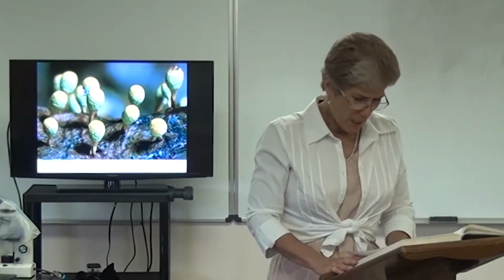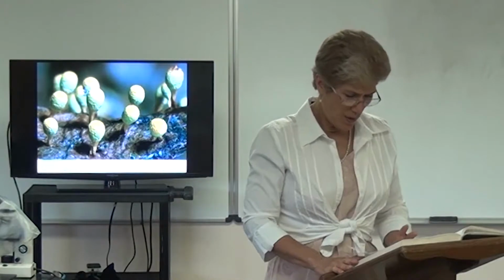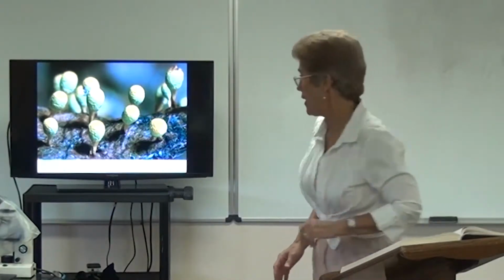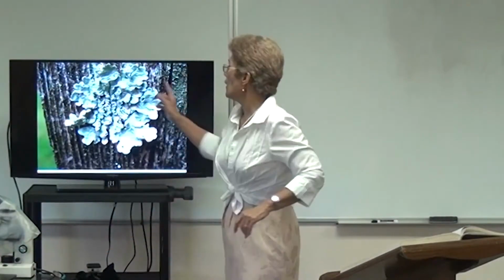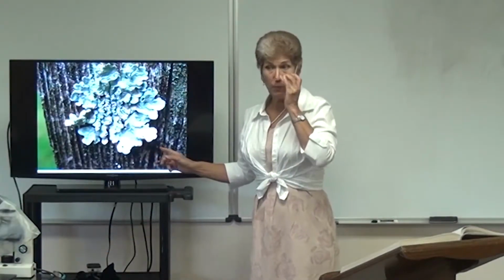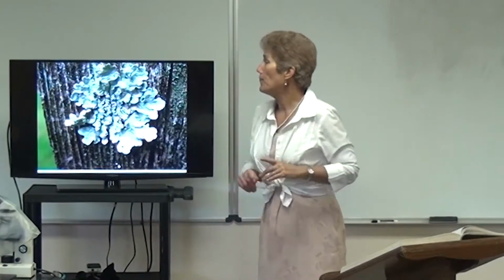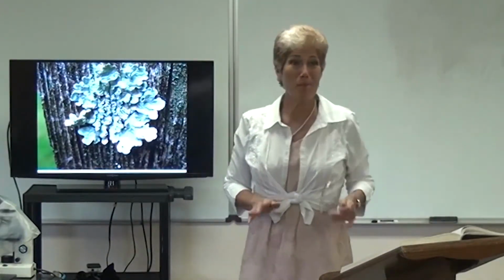I don't think so. And so if we go on, and this is worth mentioning, I got a picture of lichen. Yeah, I did. Good. Lichen, you've seen these on trees before, probably. And this is actually very cool. It's a symbiotic relationship between a fungus and an algae. The algae gives it the green color, lives inside the fungus.